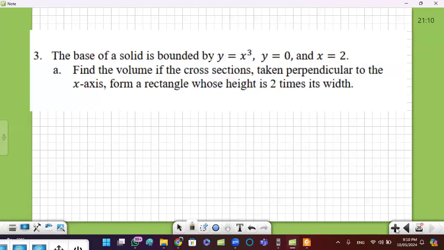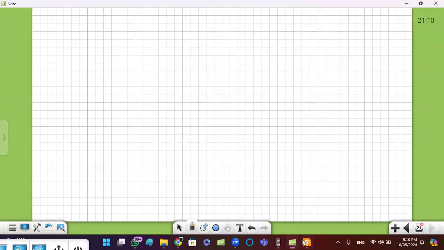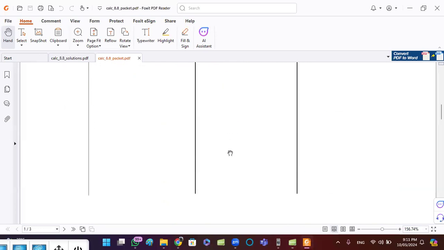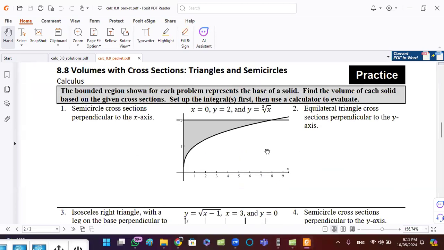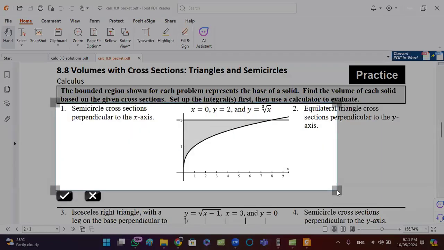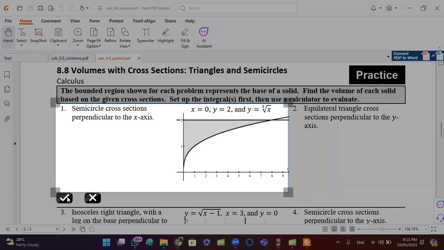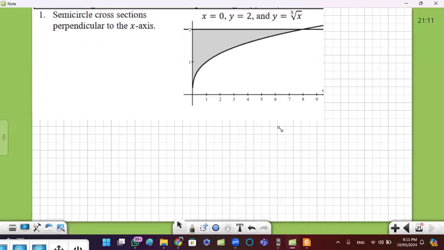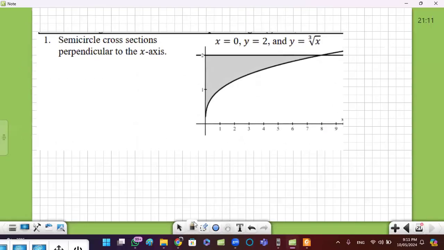Okay, let's do the next one. You remember these questions? They are the same ones we studied before. Who can tell me the first step here? Hassan, perpendicular to x, so the integral is with respect to dx.